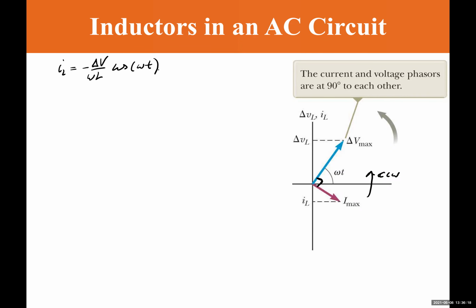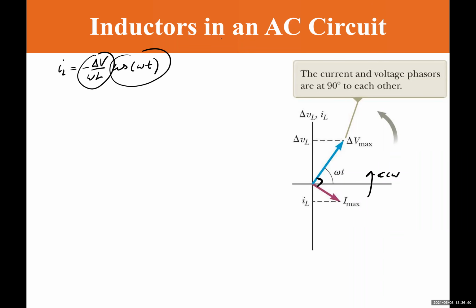We can see here that it reaches its maximum value when cosine omega t equals plus or minus 1. Remember, this is the maximum value, and when this factor is equal to 1, the current is at its maximum value.